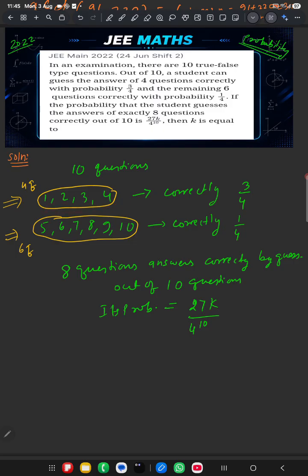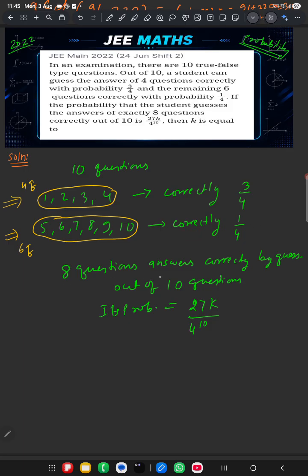If he or she guesses, then the guess will be correct with the probability 3 upon 4. And the remaining 6 questions, 5, 6, 7, 8, 9, 10, the group of remaining 6 questions, if he or she guesses, then the probability to be correct is 1 upon 4.